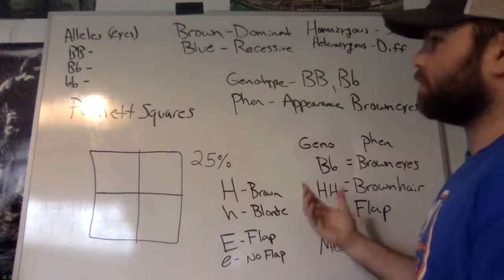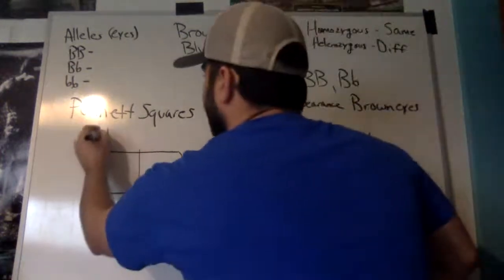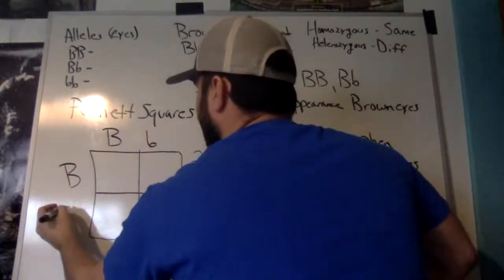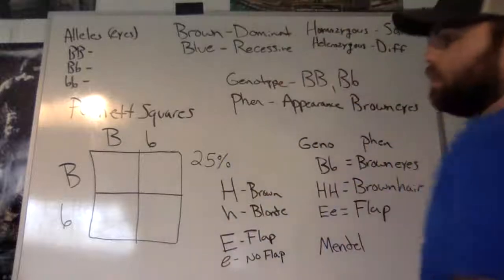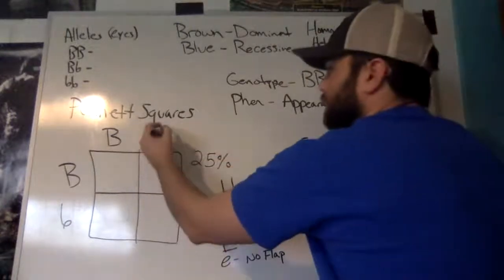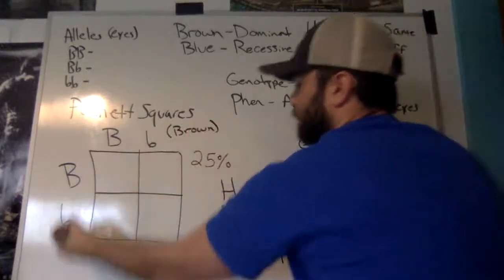I'm just going to show you guys really quick. So let's say we have big B, little b, big B, little b, okay? Let's say those are both your parents' alleles. Now, we know big B is going to give you brown eyes. Same over here.